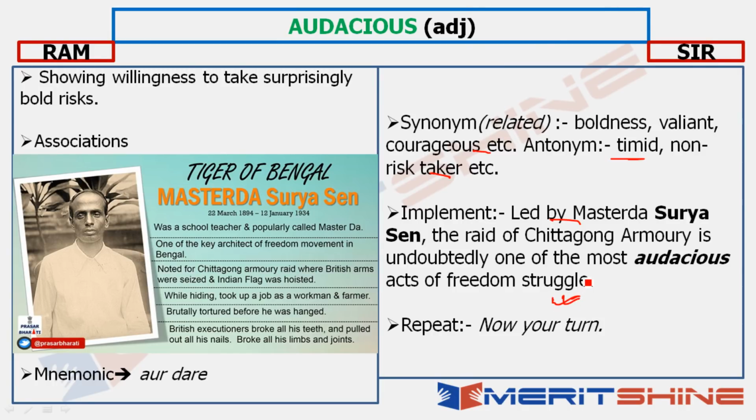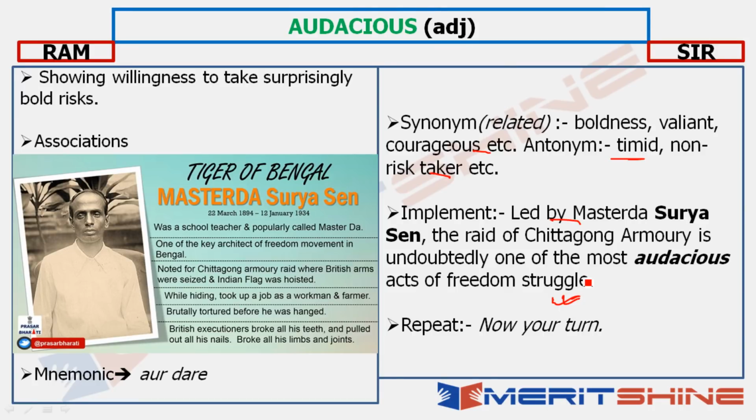True, very true. Okay, let me tell you another thing. Netra Sen, the man who betrayed Master Da, his wife was a diehard fan of Master Da. Because Netra Sen betrayed Master Da, his followers came to assassinate Netra Sen.